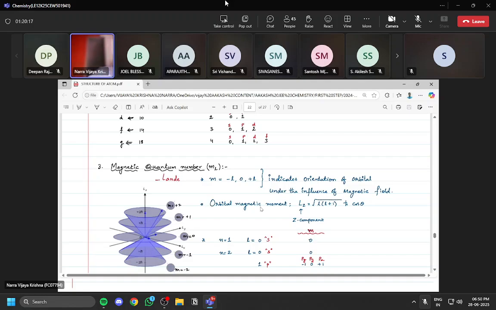We should not write magnetic here because I used h cross. If I remove that h cross and write mu B, Bohr magneton, then it is called magnetic. Clear?